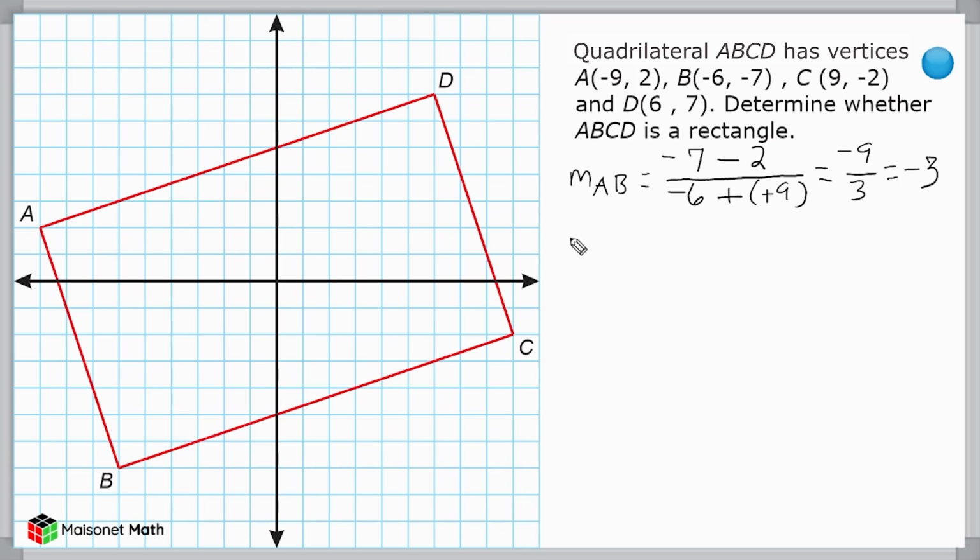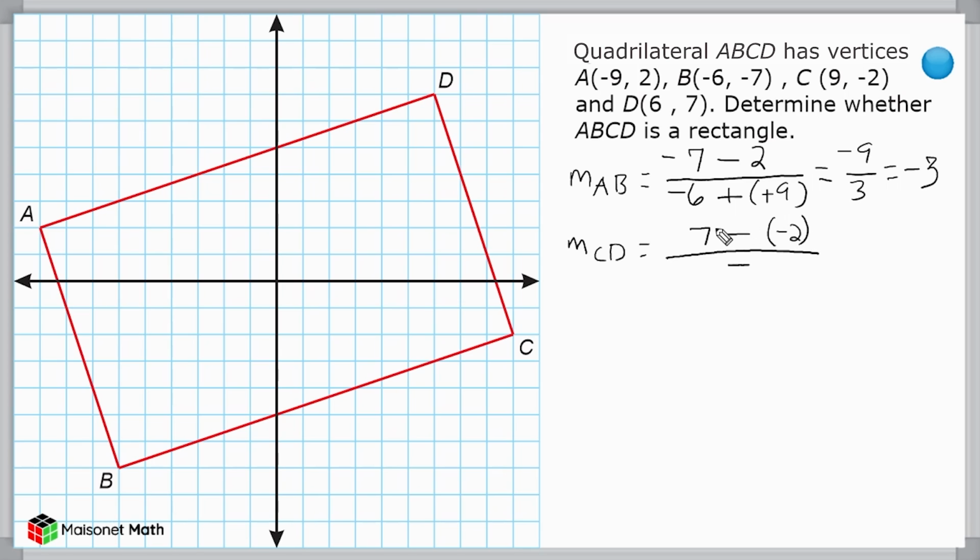All right, let us go ahead and find the slope of line segment CD. Now, what we're trying to prove here is that these two line segments are parallel to each other. If they are, then we're going to get the same slope. So once again, we're going to subtract the y values on the top and the x values on the bottom. Going to points C and D here, we're going to start with this y, which is 7, and subtract that with this y, which is -2.